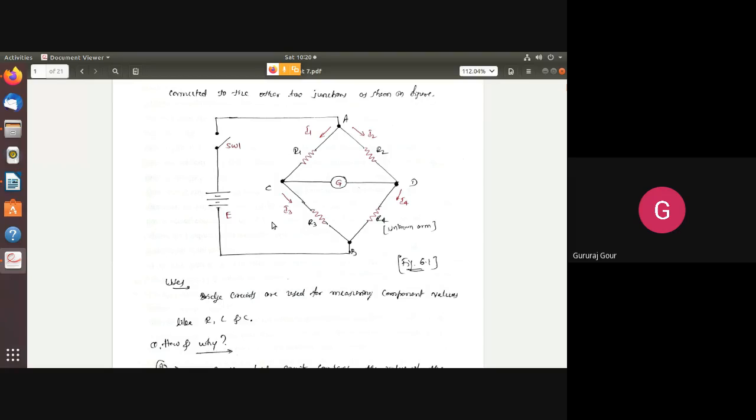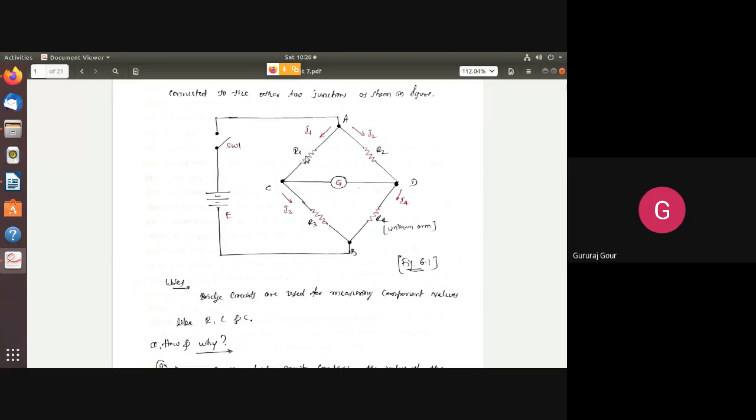What people are mainly confused about here is the topology, which you have to remember: R1, R2, R3, R4. You should be very confident that whatever topology you follow, you get the correct bridge balance equation accordingly. For this order R1, R2, R3, R4, we got R1 R4 equal to R2 R3.